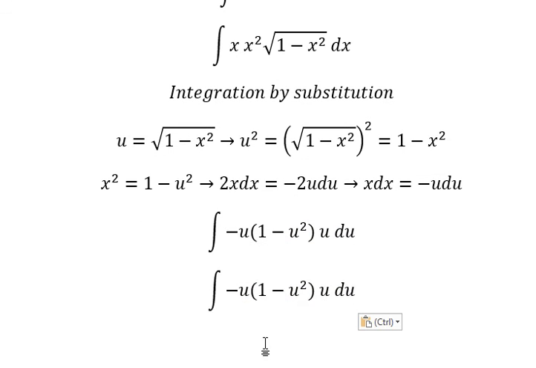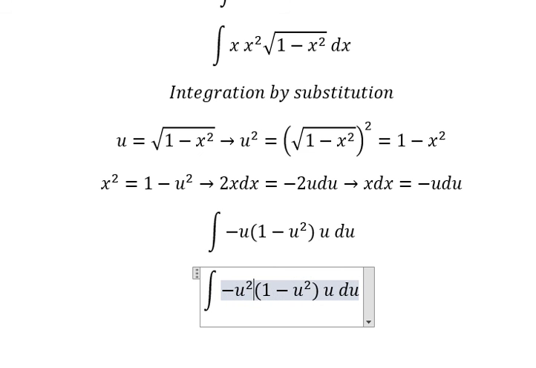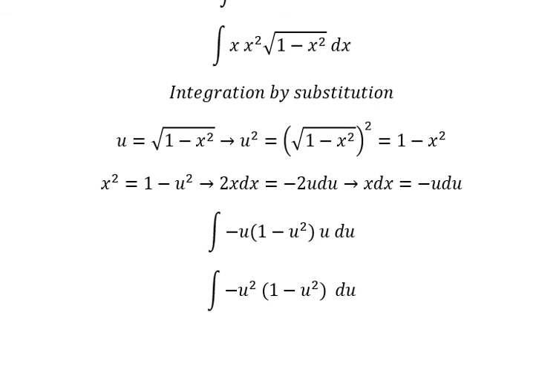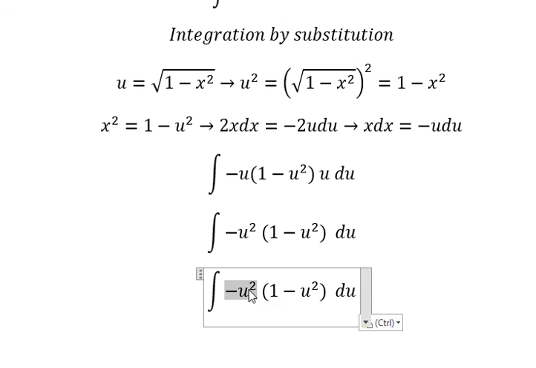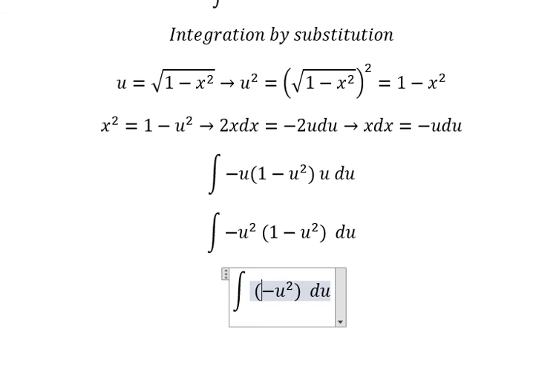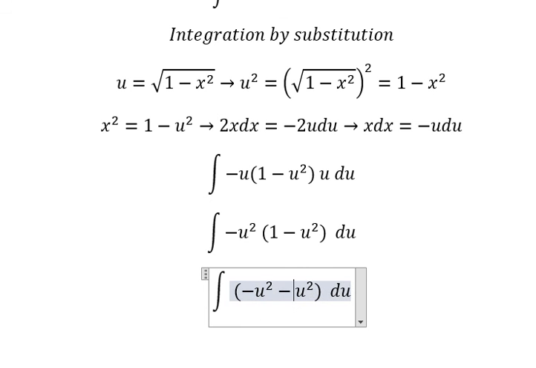So we have u multiplied by u. We get u squared. Negative u squared multiplied by 1 and negative u squared. And this one you get u to the power of 4.